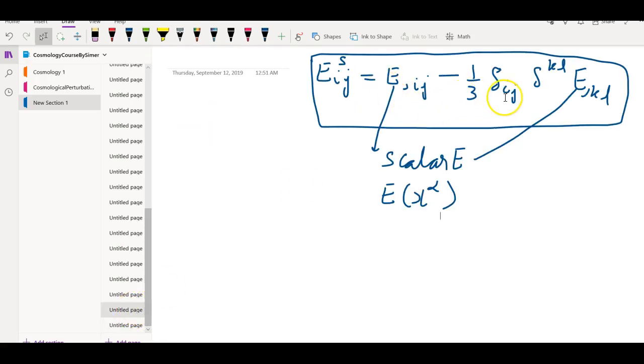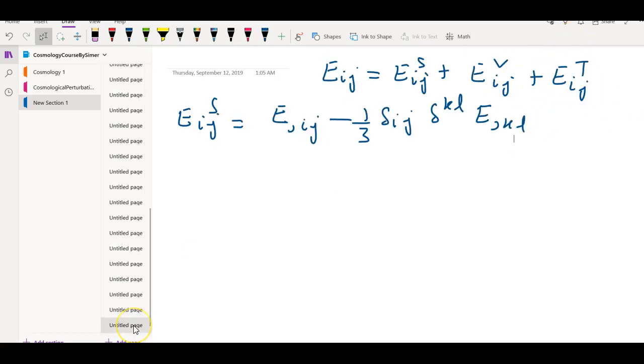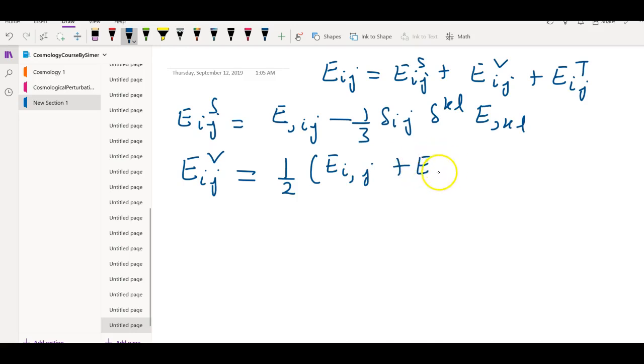Yeah, E_ij minus 1 by 3 delta_ij delta_kl E_kl. Yeah, this is right. And the vector part is half E_ij plus E_ji.